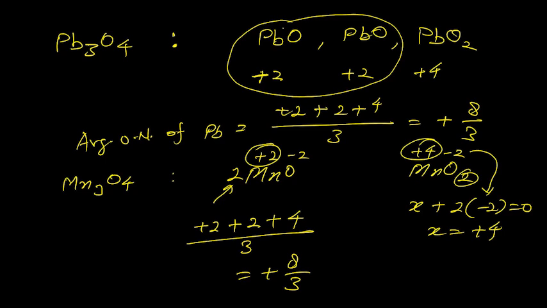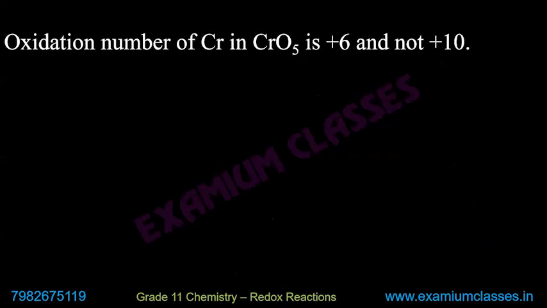Now Fe3O4 looks like it is similar to Pb3O4, but it is different. The reason is that Fe3O4 is a mixture of FeO and Fe2O3, not FeO and FeO2. In that case, it was PbO2, MnO2. Here it is Fe2O3 and just one molecule.